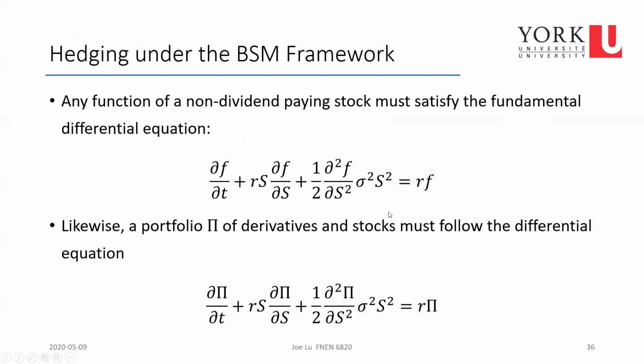And if you look at it, it's really just theta plus rS times delta plus half of gamma times sigma squared S squared. And this is equal to r times the current value of the portfolio.